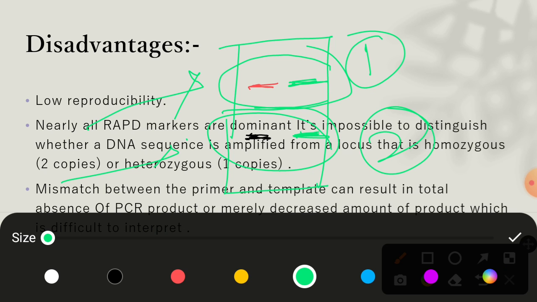Under such circumstances, if we consider that the father's one is dominant and the mother's one is recessive, then with the help of the result you can conclude whether the band is from dominant or recessive, but you cannot conclude whether the genetic makeup of the child is heterozygous or homozygous dominant. So that is the problem of the dominant marker, and that was solved by codominant markers such as, for example, RFLP.